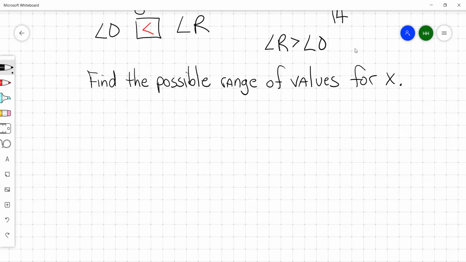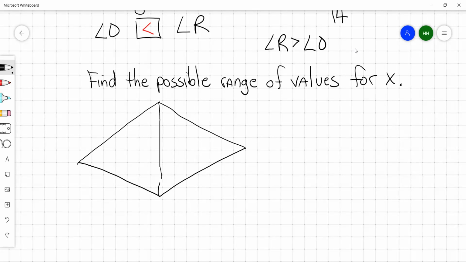Find the possible range of values for x. And let's say you're given this picture. And this triangle is JEGH. So JEGH and H.